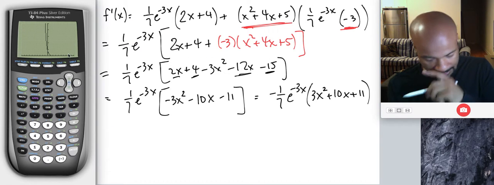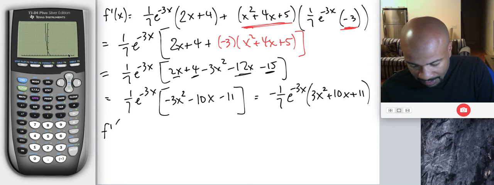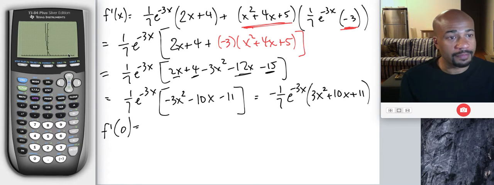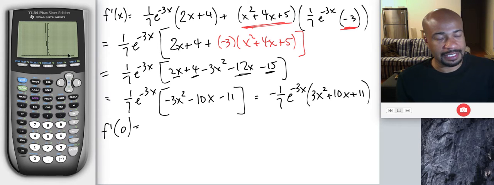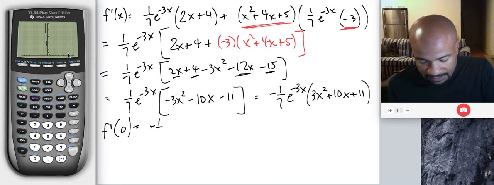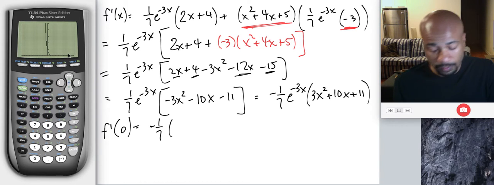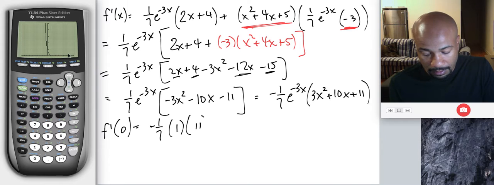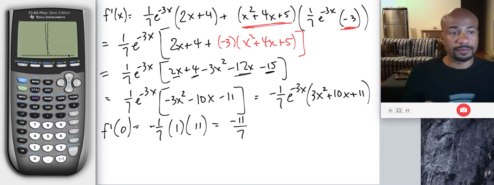So let's find out f prime of 0. Well, we already took care of finding the derivative of f, so plug in a 0 wherever you see an x. So I have negative 1/7 times e to the 0, that's 1. And then I have 0 here, so I have 0 plus 0 plus 11. So the slope is negative 11 over 7.